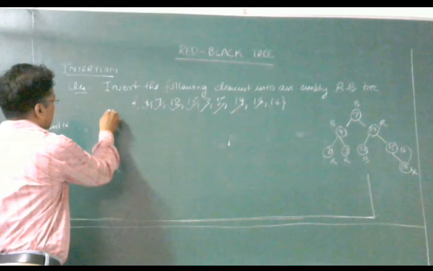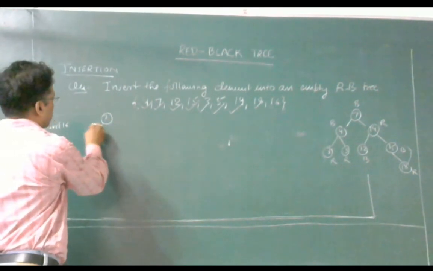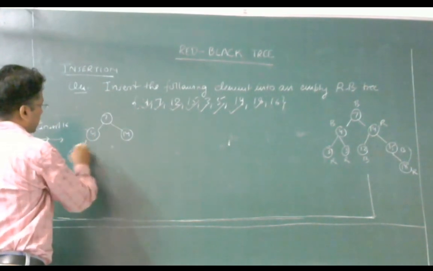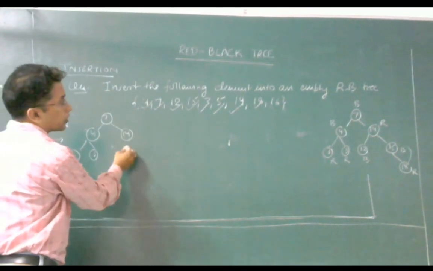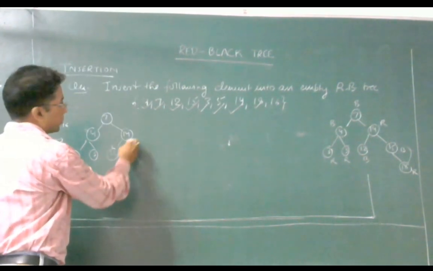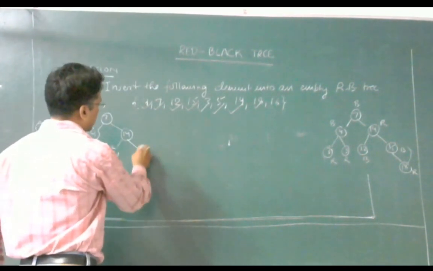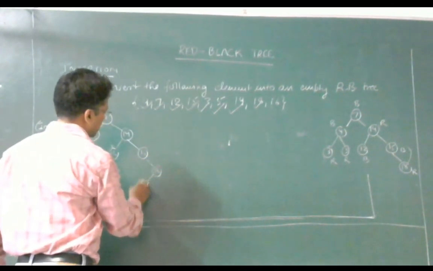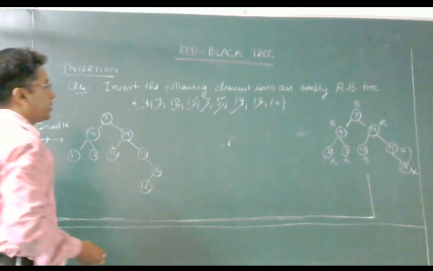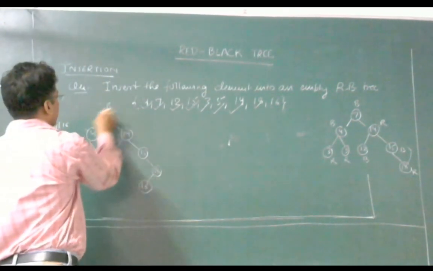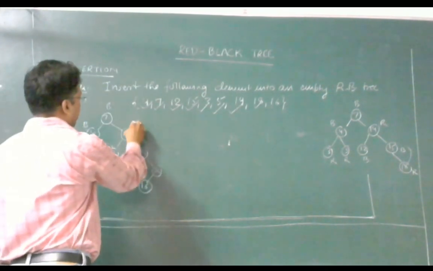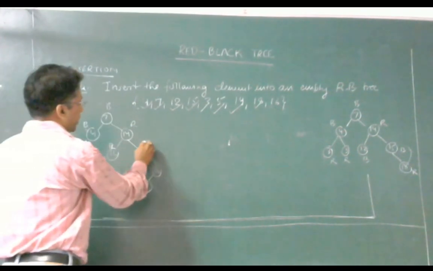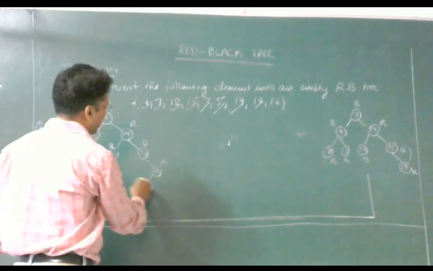So 7, 4, 14, 3, 5, 12, 15, 18, and 16, right? And black, black, red, red, red, black, black, red, and red.